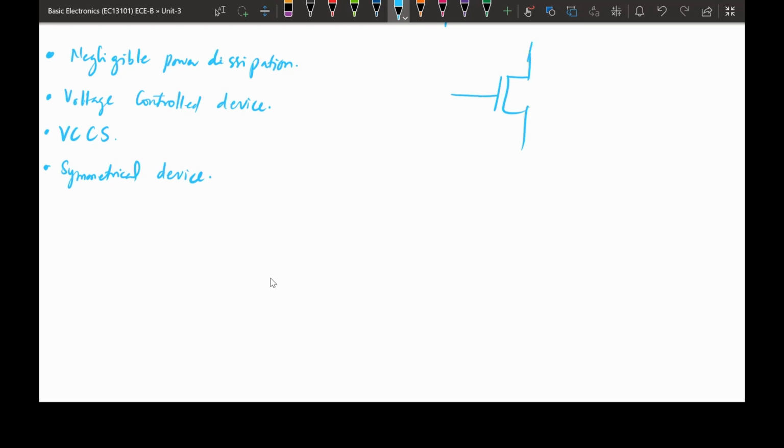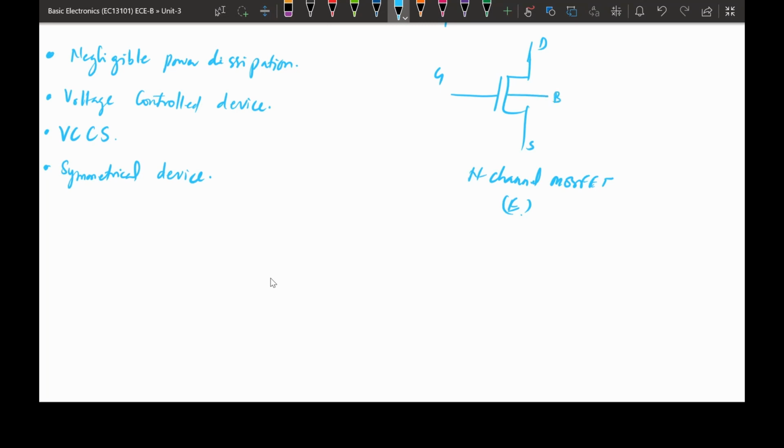Talking about the symbol, there are different types of symbols in the case of MOSFETs. One is like this: the N channel MOSFET, of enhancement type. This is gate, drain, source, and this is body.